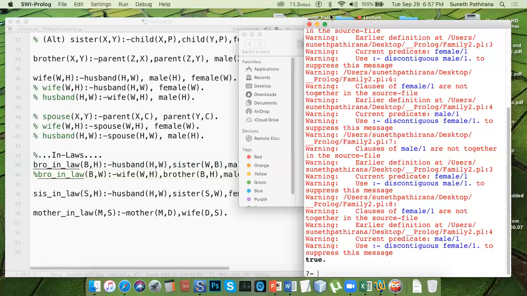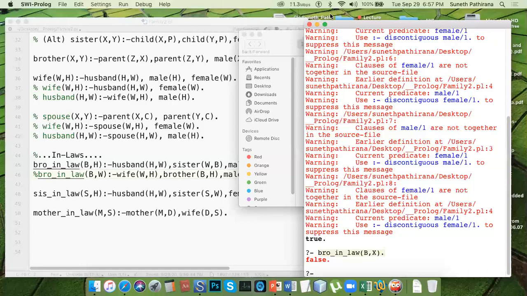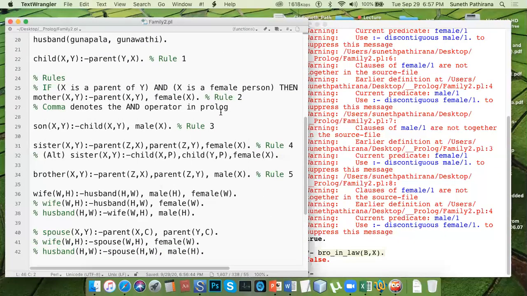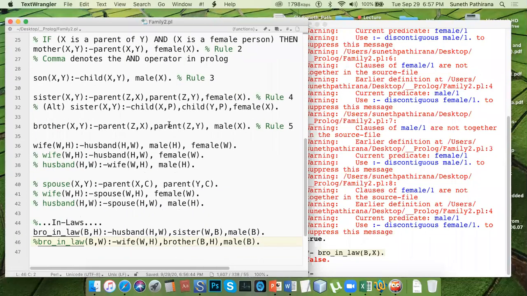Brother-in-law, false. This time it says no brother-in-law relationships found. This must be correct because we haven't introduced the married couple and their siblings.